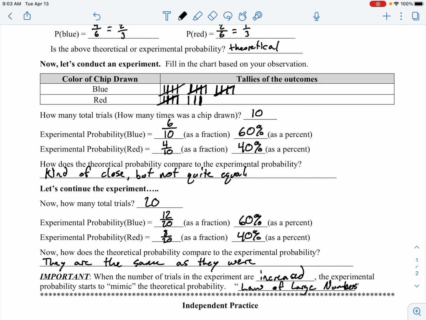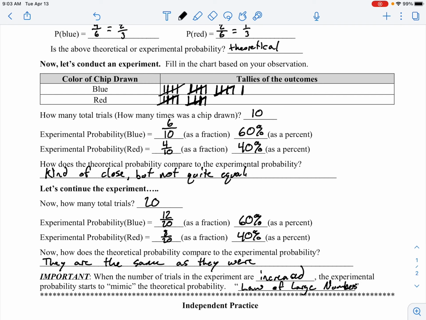And another blue. Got a red. Got a blue. And this is completely random. I'm not looking in the bag, I'm just randomly picking. I'm seeing how this goes.